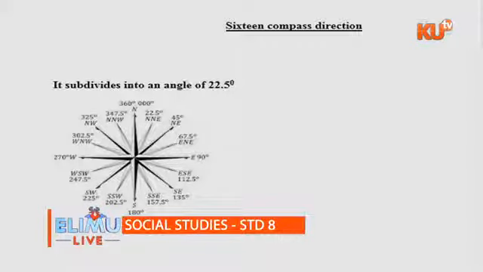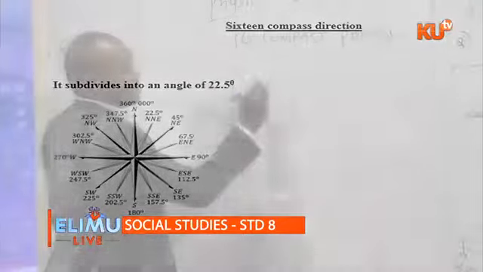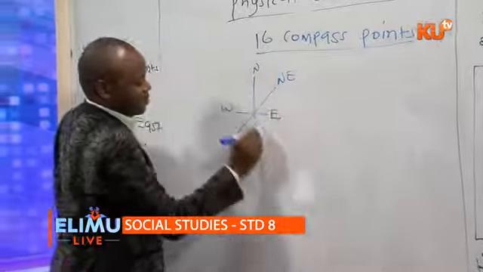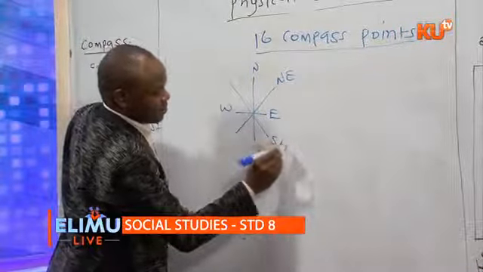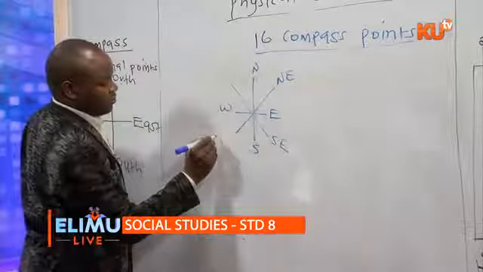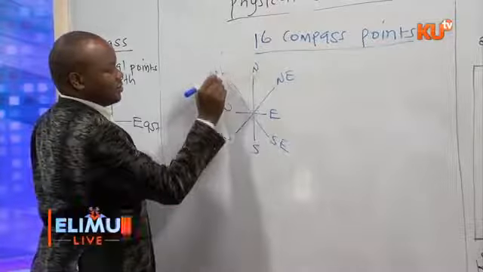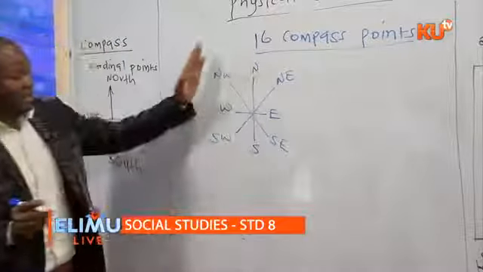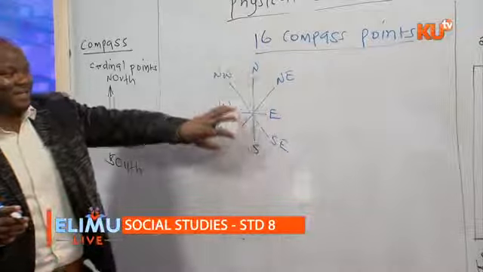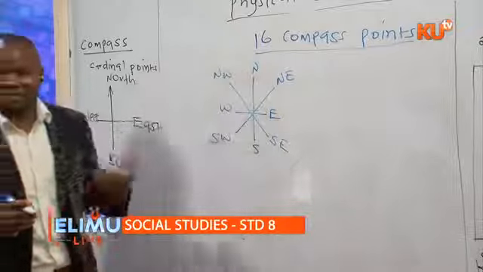That is the first. Then the second, we are going to draw it as shown on the board. That one is northeast. So that is the first 8. Then you are going to subdivide it further.